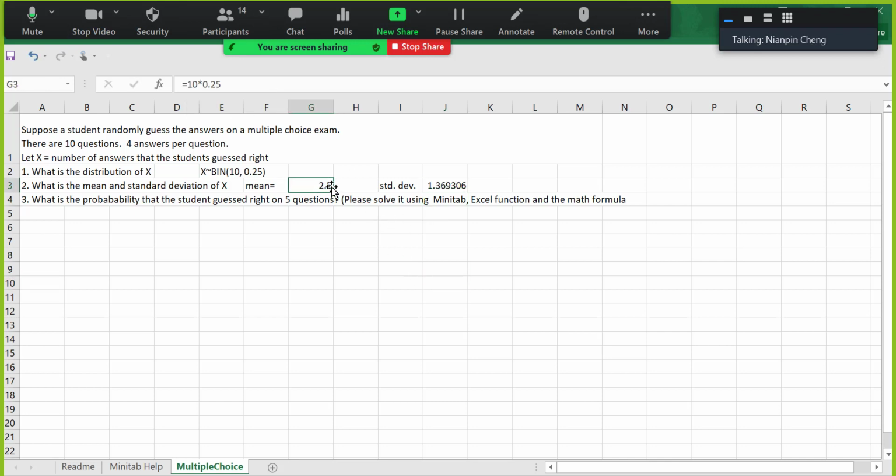Okay, so we have the mean and we know the standard deviation. It's all calculated based on our formulas, because we know it follows a binomial distribution.